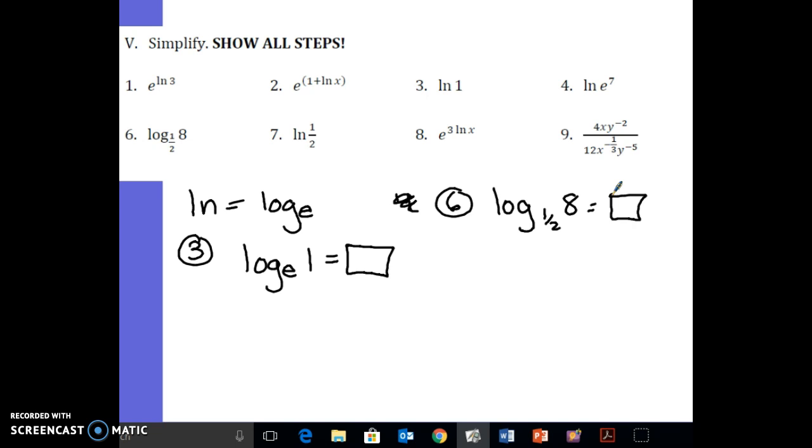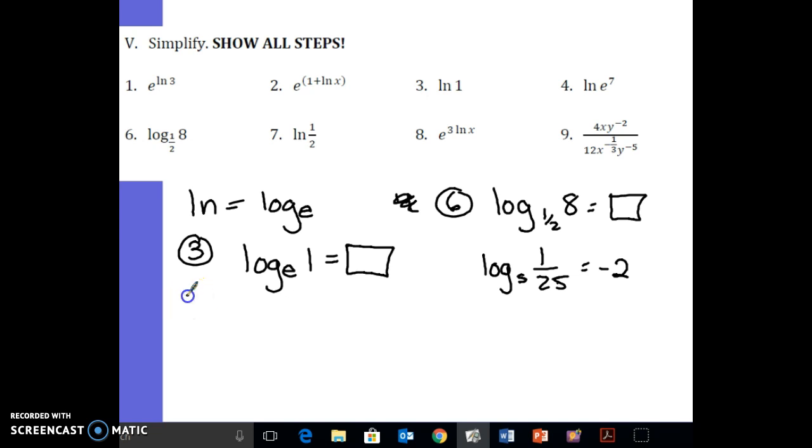And anytime, for example, if you have log base 5 of 1/25, okay, we know 5 squared is 25, right? But the only thing that's happening is it's below the 1. That means this would have been negative. Okay, so that's a little hint for both 5 and 6.